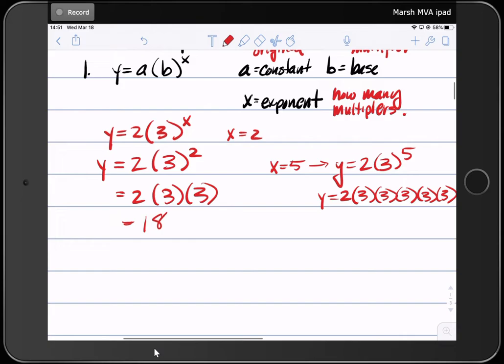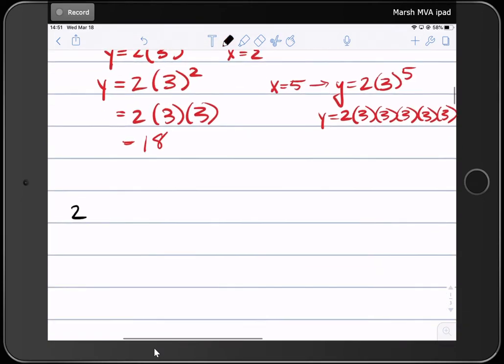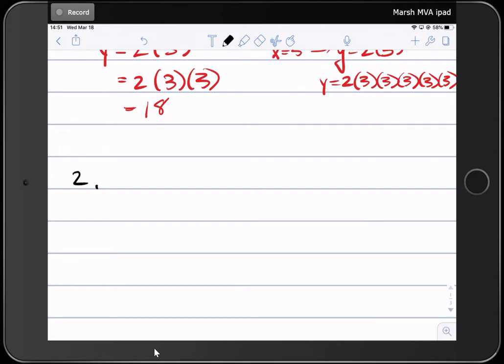Now, second principle that we have is this. If I have two things equal to each other that have the same base but different exponents, if b to the x is equal to b to the y, the bases must be the same, then I can stop and do a new equation.